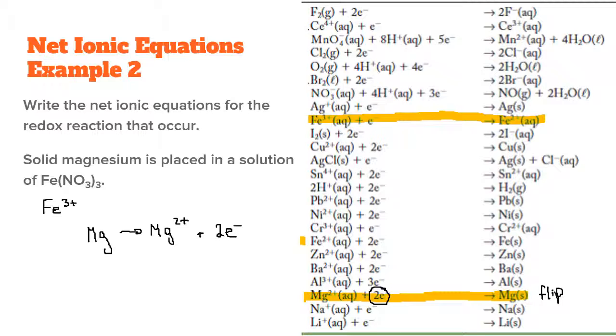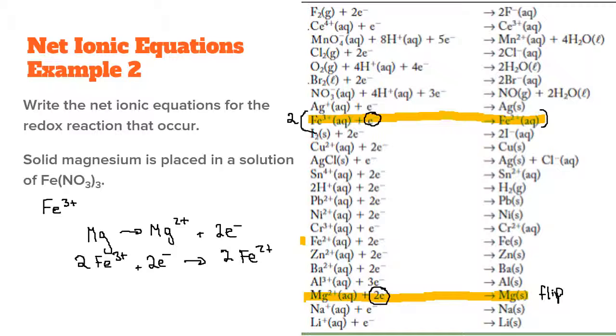In the other equation that we're going to be using we only have 1. So I'm going to go ahead and double the coefficients on everything in this equation here. And that gives us 2 Fe3+ ions plus 2 electrons, yielding 2 Fe2+ ions.